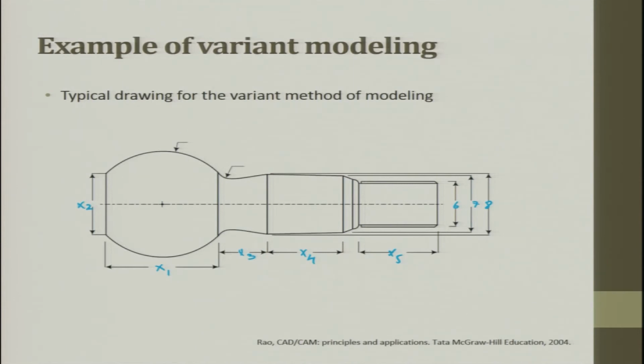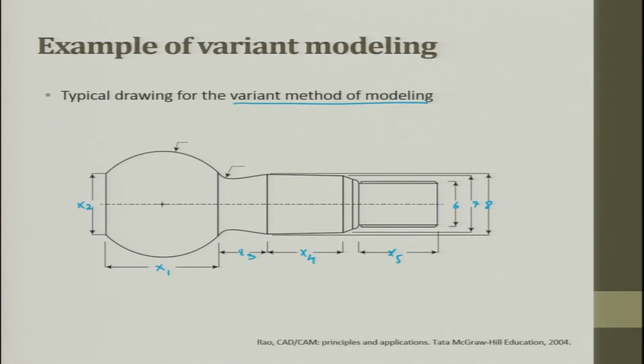These variables have some relationship, and this relationship is already established. So all you can do is drop in these values and get different shapes and sizes of the same component. That is a variant method. We just put these things to the requirement.